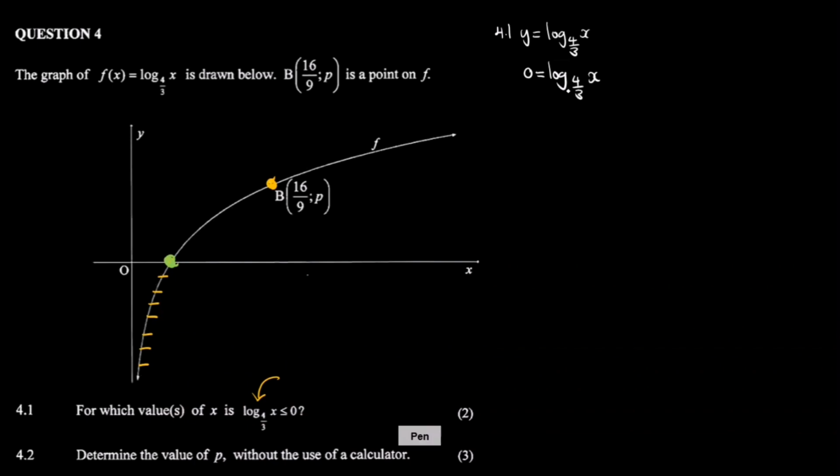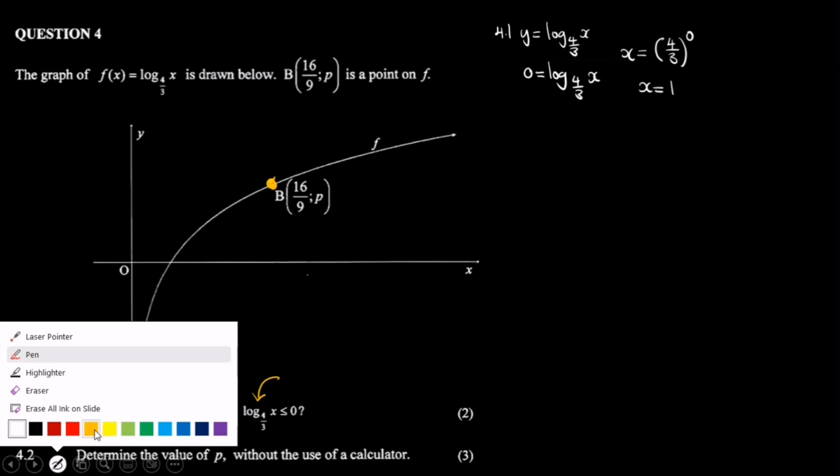To change this to exponential form, 4/3 will remain as the base. So I have 4/3 to the exponent 0, which is going to give me my x value. And of course, anything raised to 0 is 1. So we know for a fact that this x-intercept here is 1.